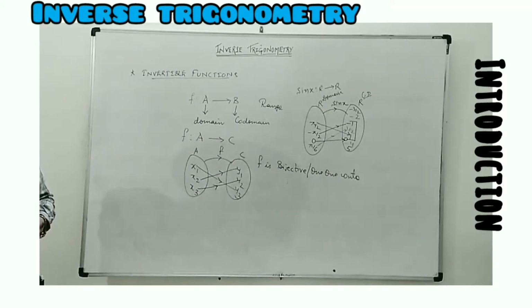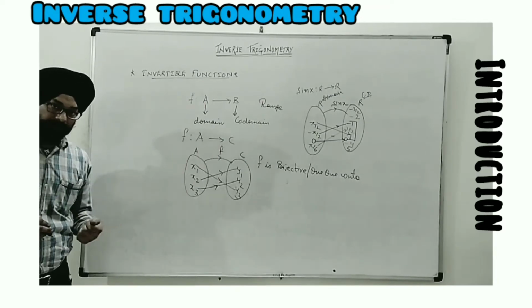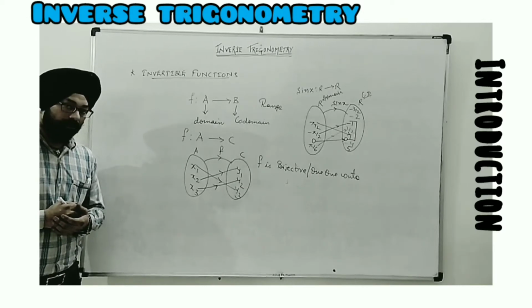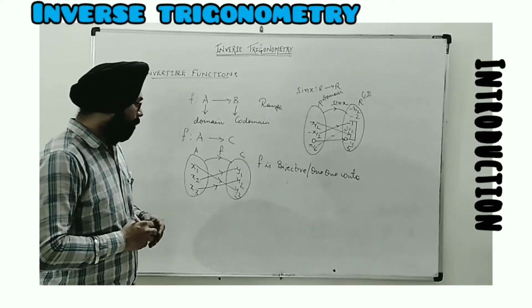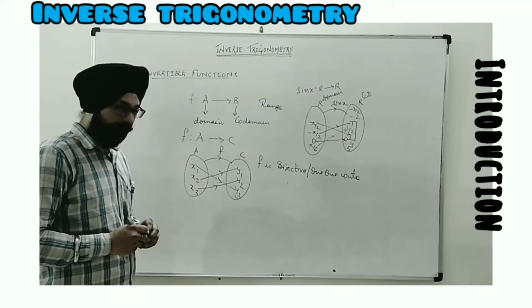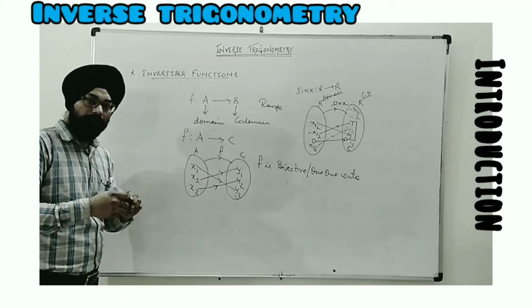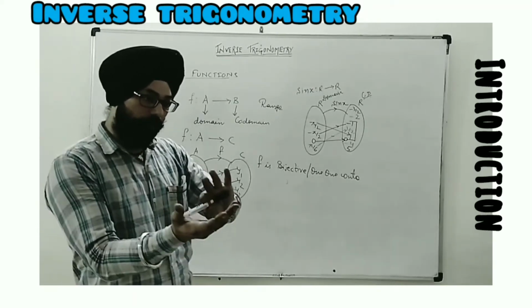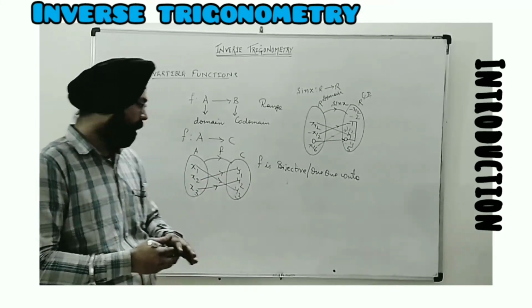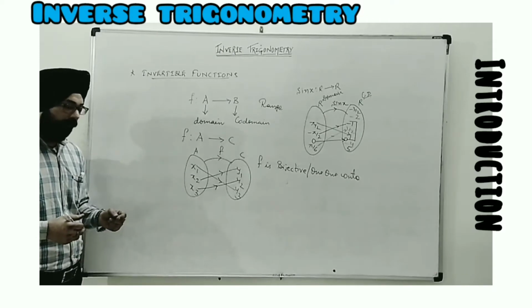Now, whenever a function is given as bijective, or one-one and onto, that function is an invertible function. What is the meaning of invertible? Obviously, a function whose inverse we can find. A function whose inverse we can obtain is an invertible function.